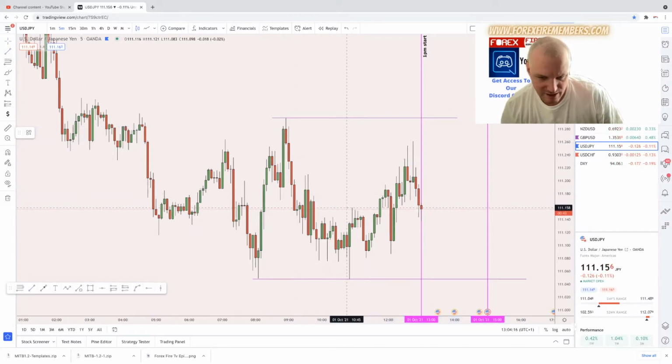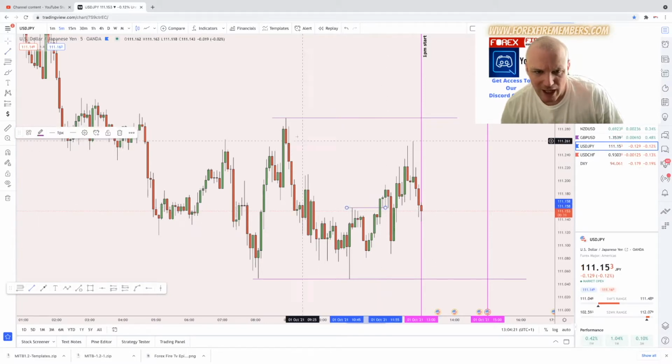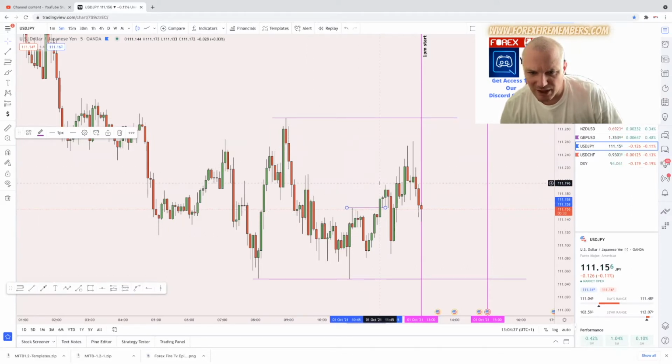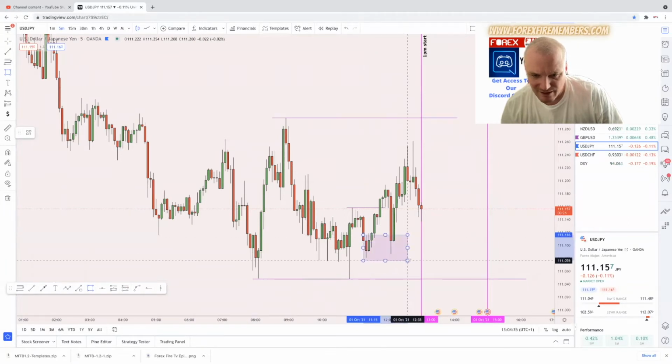This makes sense. So we've got a lower high as we come down, high, lower high, created a higher high. As we've created a higher high, we've come in, we've mitigated into that order block beautifully.